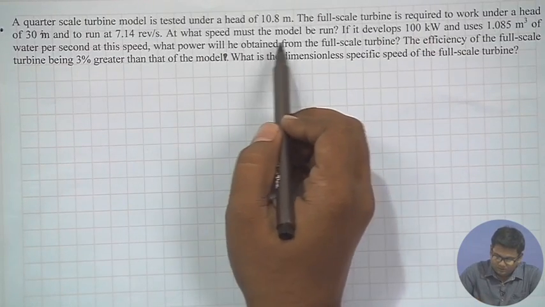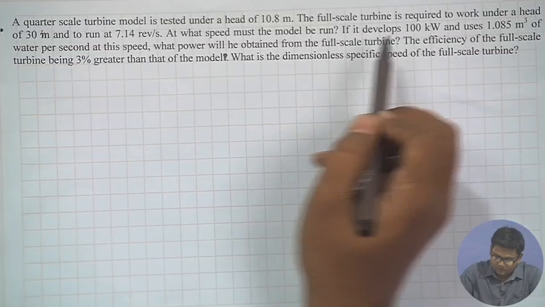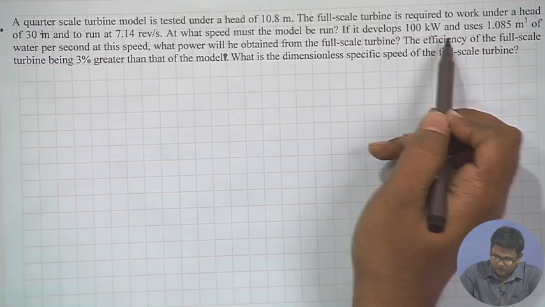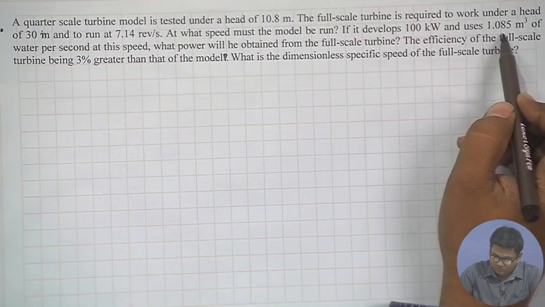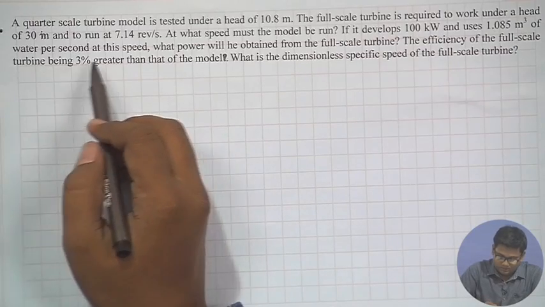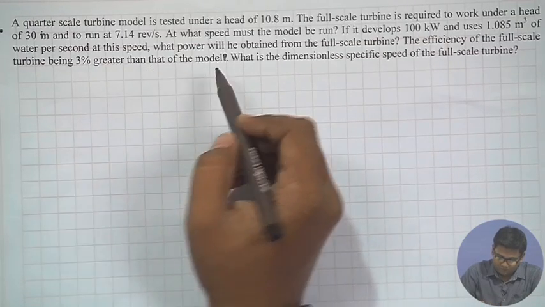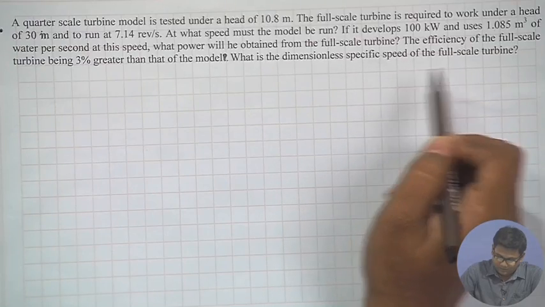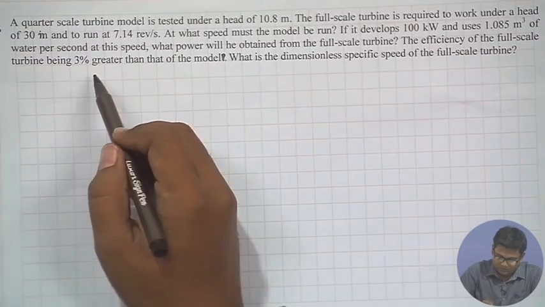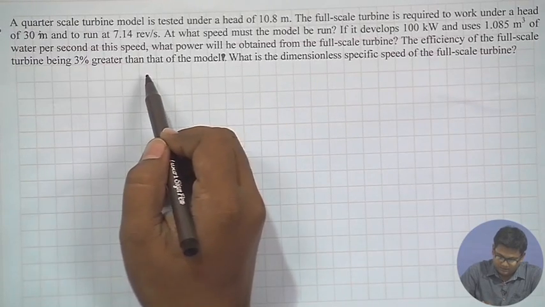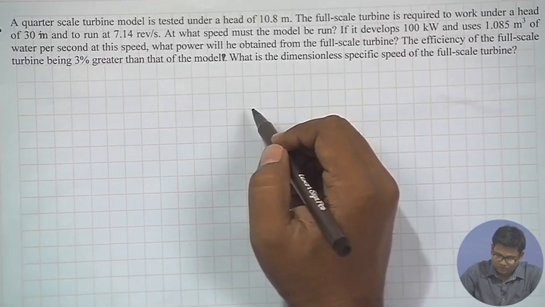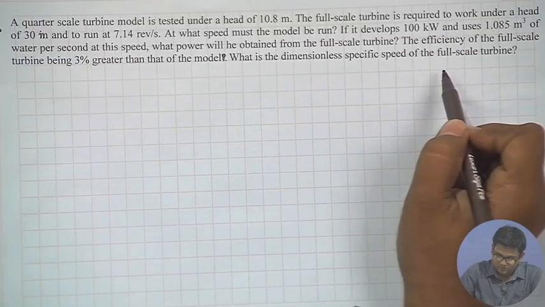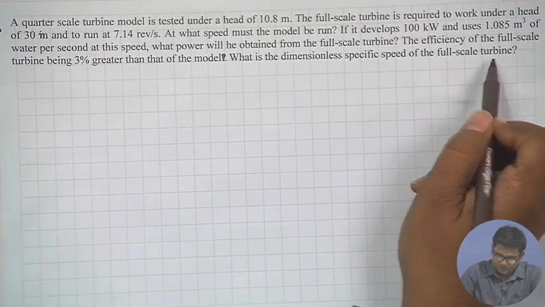At what speed must the model be run? If it develops 100 kilowatt and uses 1.085 meter cube of water per second at this speed, what power will be obtained from the full scale turbine? The efficiency of the full scale turbine being 3% greater than that of the model. Now what is the dimensionless specific speed of the full scale turbine?